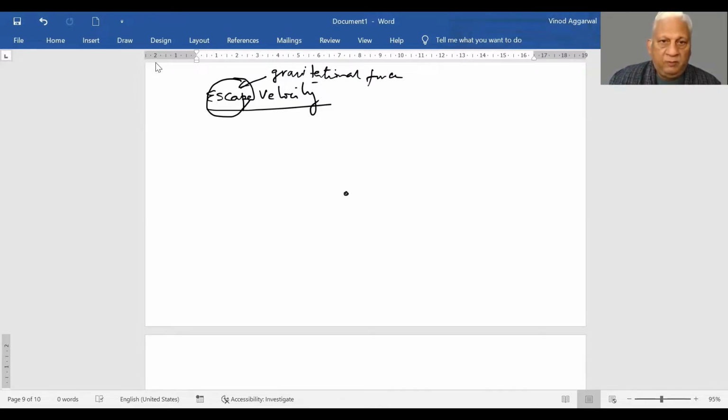Suppose we are on Earth here. A satellite is shot up with initial velocity v0. Now, what should be the velocity of shooting it up so that it escapes from the influence of gravitational pull?